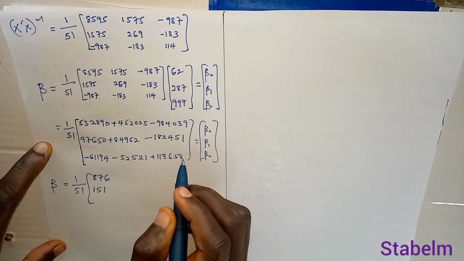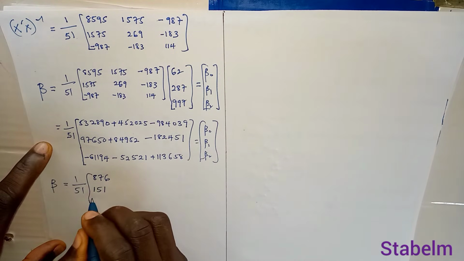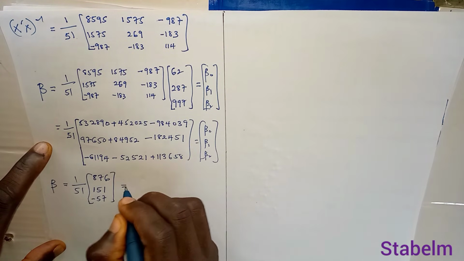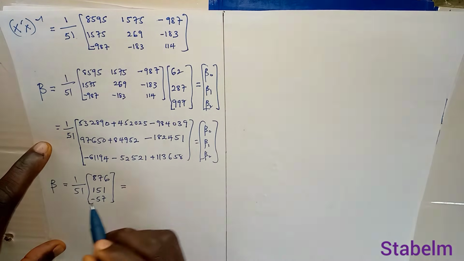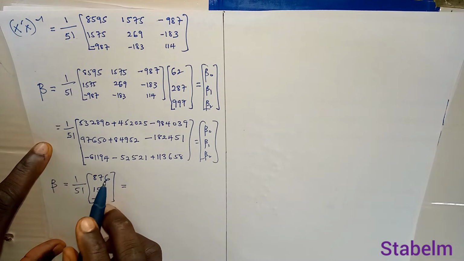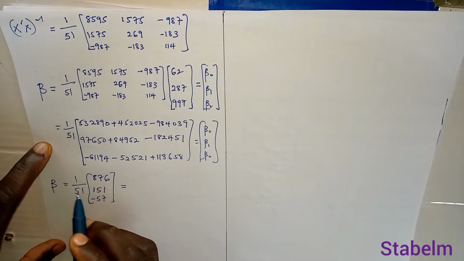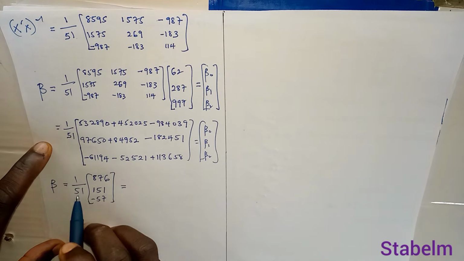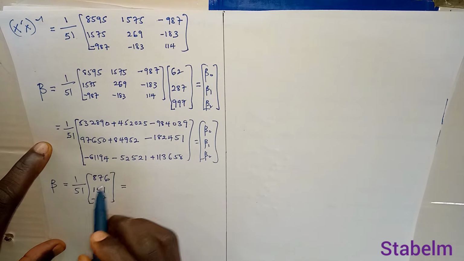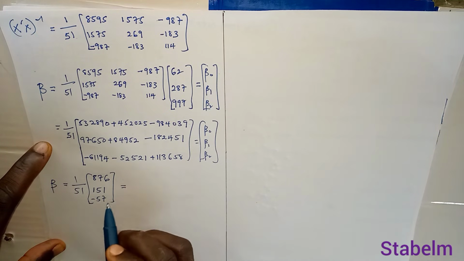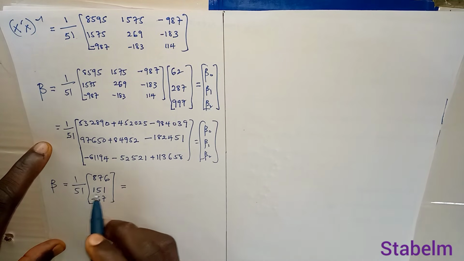Adding all this together will give us minus 57. So we can either leave our answer this way, or better still, we divide each value here by 51. You can see this matrix is by 51, that is 876 divided by 51, 151 divided by 51, minus 57 divided by 51.